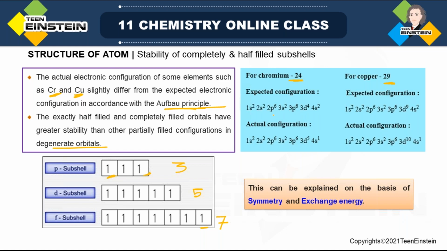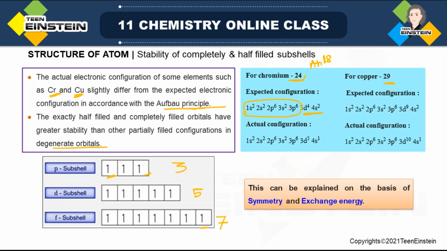You can write it after argon, which is atomic number 18. So after argon, for chromium, 24 minus 18, 6 electrons must be present, and according to Aufbau it should be 4s first, 4s2, then 3d4.